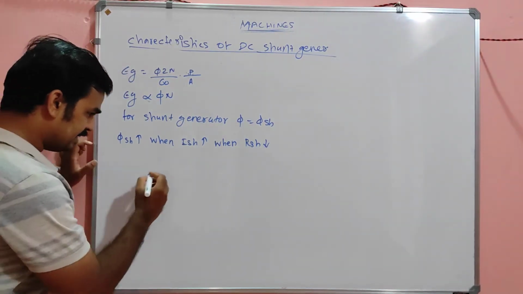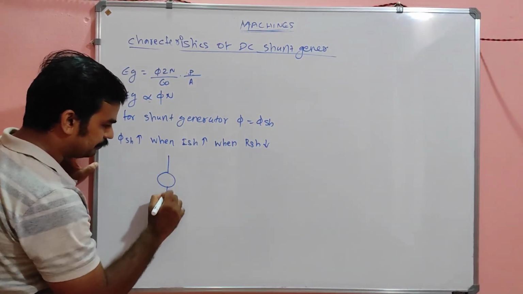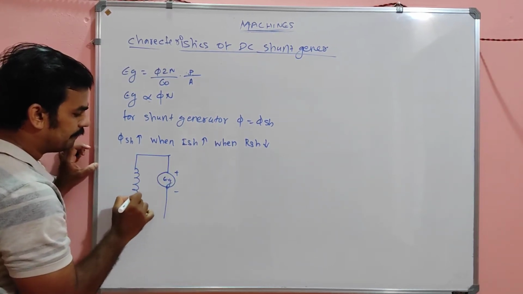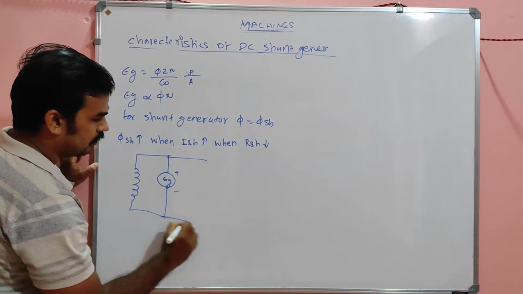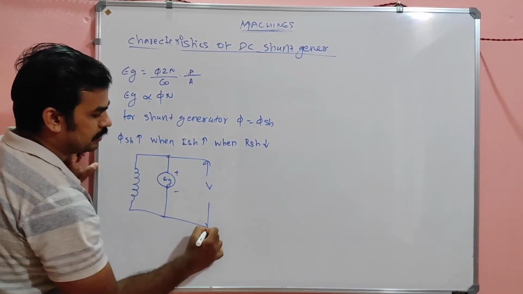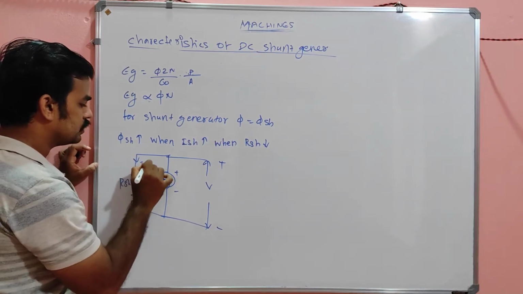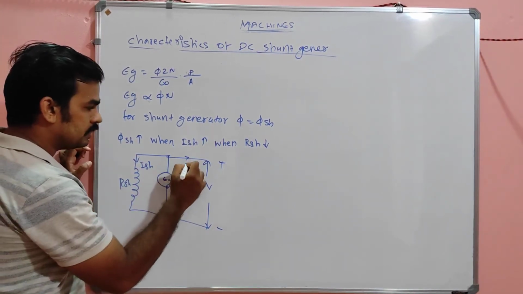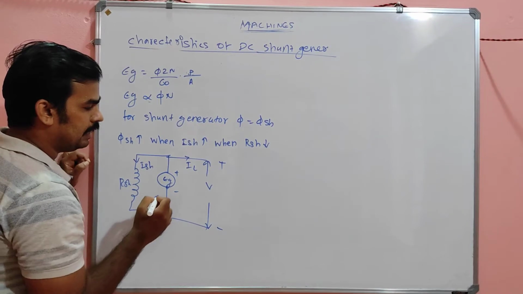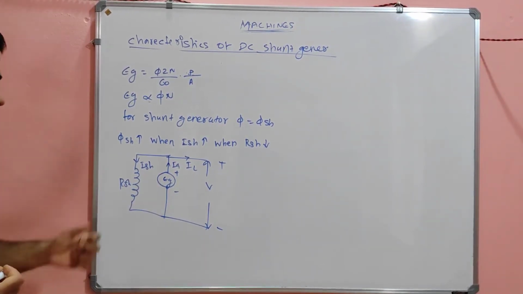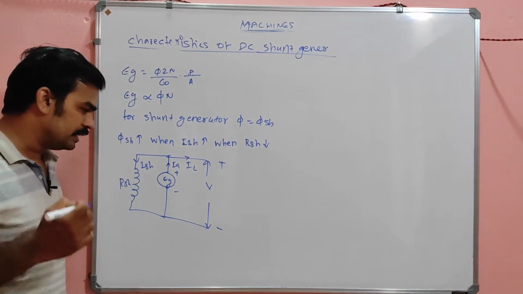This is a diagram of a shunt generator. This is EG, this is the shunt field, this is the terminal voltage, my dears. This is RSH and this is ISH, this is the load current IL, and this is IA. That means this is the rough diagram of a shunt generator.